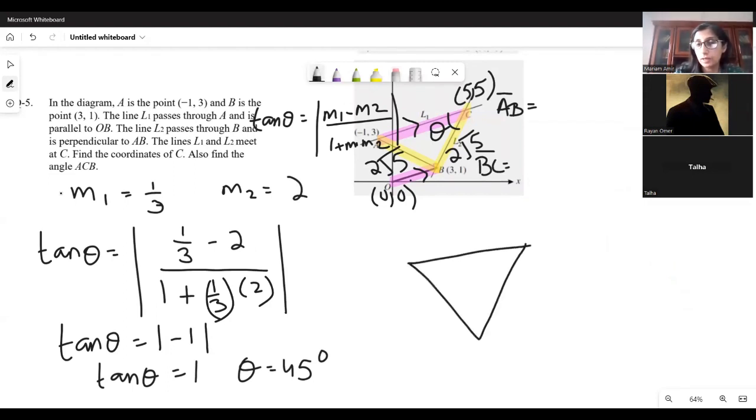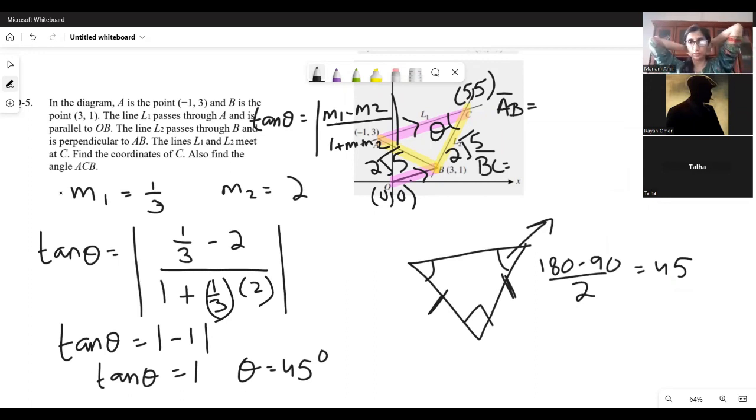So this angle was 90 and these two lengths were equal. So ये angles equal हो जाएंगे, 180 minus 90 divided by 2, so 45. तो अगर आप डिस्टेंस फॉर्मूला use कर रहे थे तो फिर आपने जब देख लिया कि ये isosceles triangle है, तो बस फिर आप isosceles triangle के angle की property use कर सकते थे, 180 minus 90 divided by 2, 45.